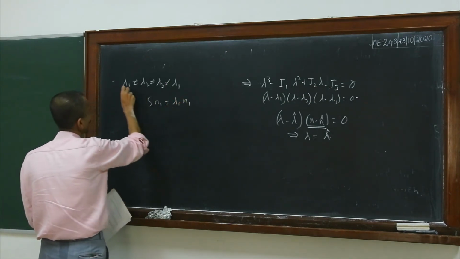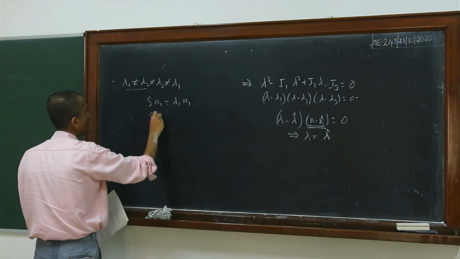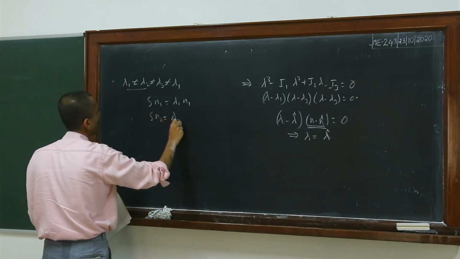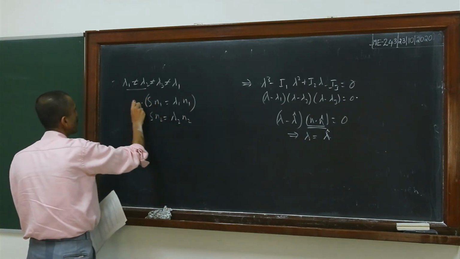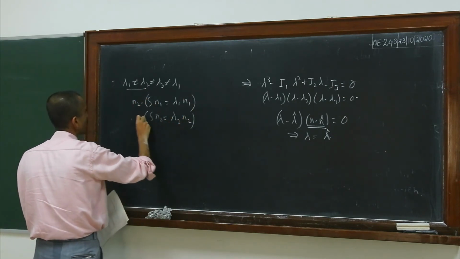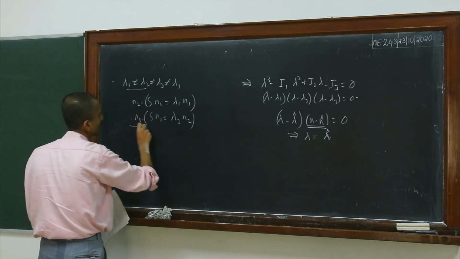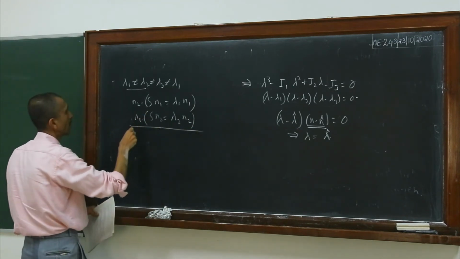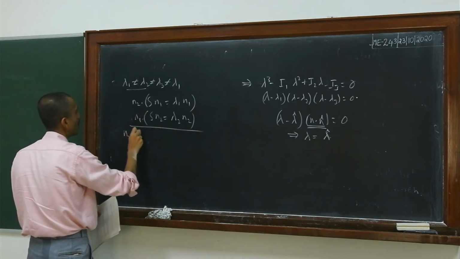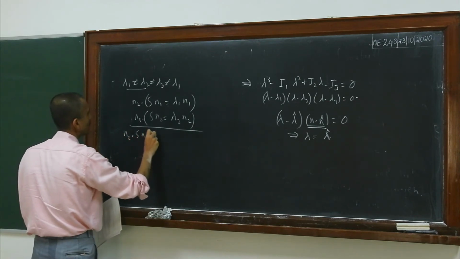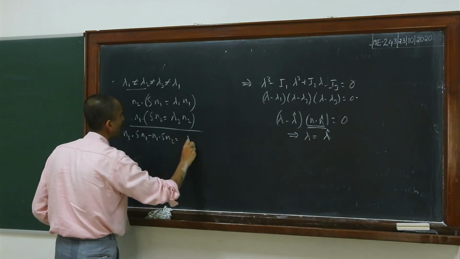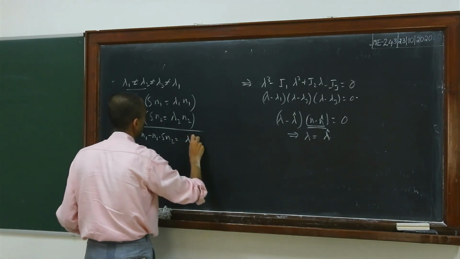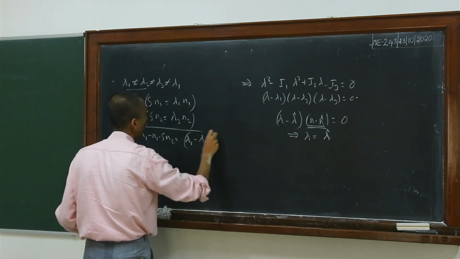So let's take the first 2 eigenvalues. Then Sn2 is equal to lambda 2 n2. And now take the dot product of this with n2, take the dot product of this with n1, right, and then subtract the 2, then what you will get is that n2 dot Sn1 minus n1 dot Sn2 is equal to (lambda 1 minus lambda 2) times n1 dot n2.